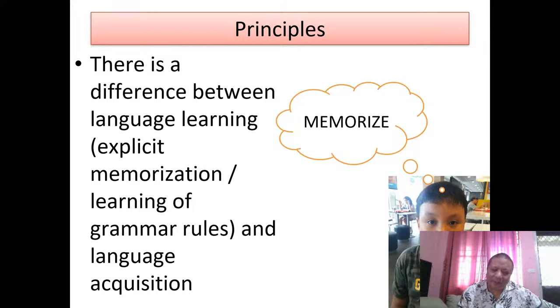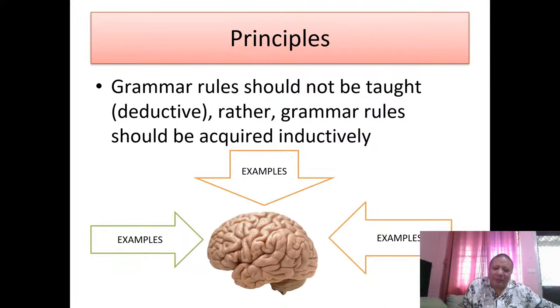There's a difference between language learning, which is explicit, and language acquisition, which is subconscious. Another principle is that grammar rules should not be taught, rather, grammar rules should be acquired inductively. So, unlike PPP, where you present the grammar rule, you provide examples, and you get your students to produce them.